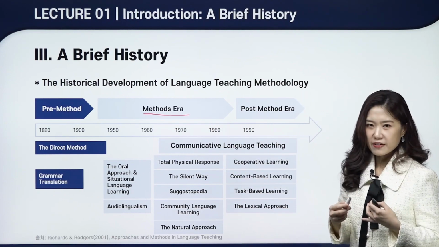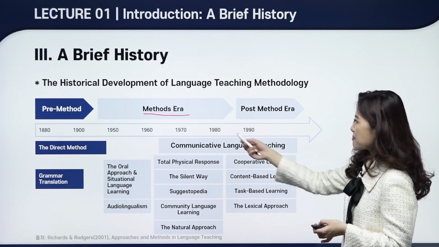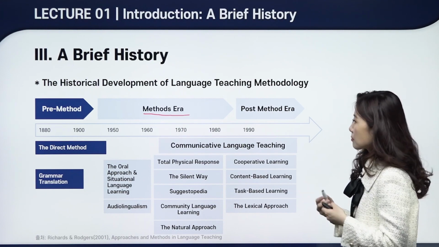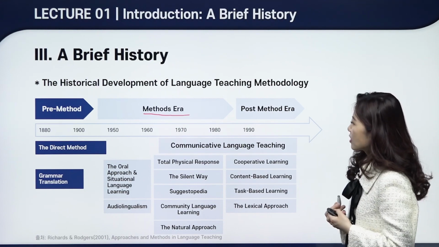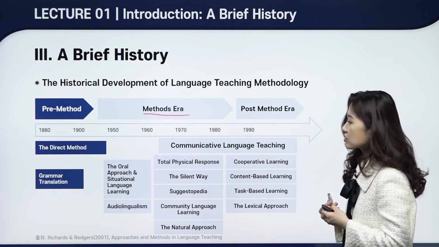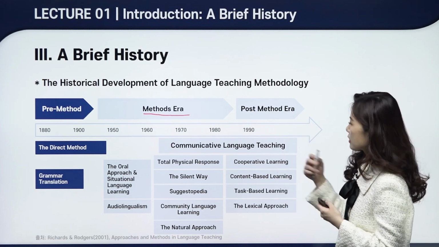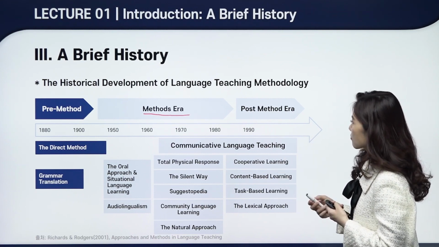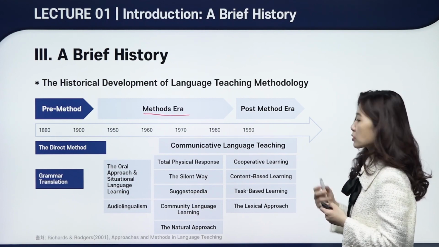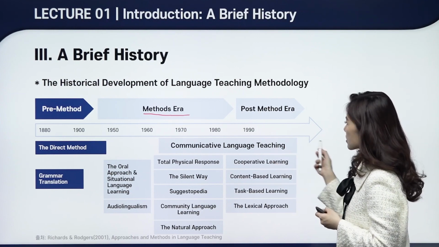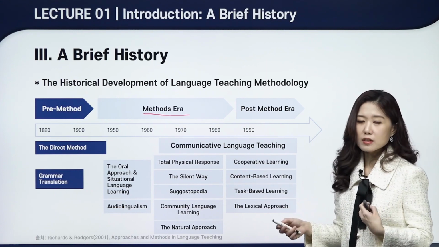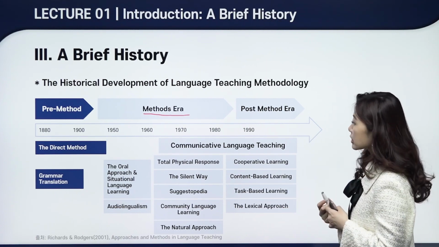It's called the methods era because, as you can see, so many methods were actually developed during this period. So these methods include the oral approach and situational language learning. There's also audiolingualism. And then from about mid-1960s, and it's actually continuing to the present day, communicative language teaching has been the dominant form of language teaching, the most widely accepted form of teaching currently.